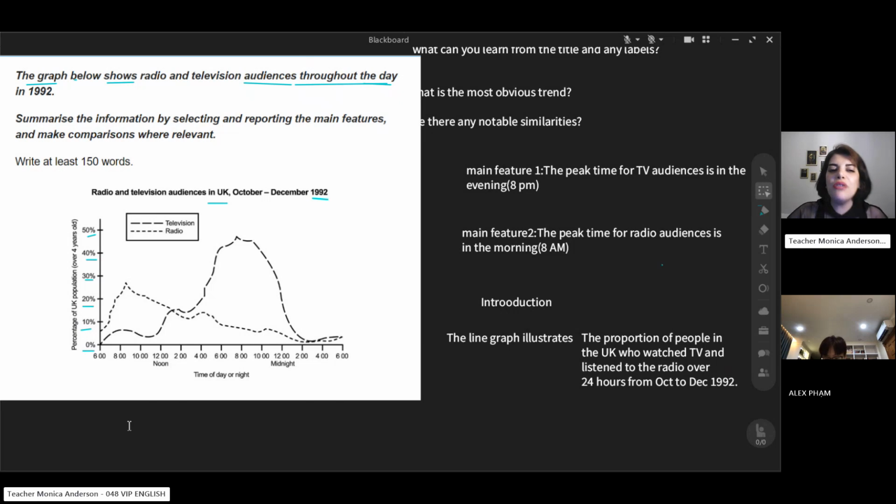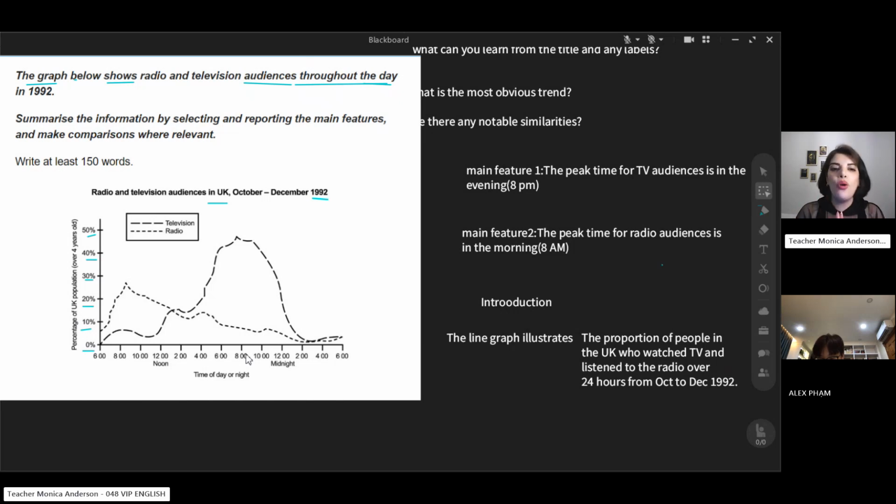But the most important part of your essay is the overview, that is really important. Do you remember that we discussed and wrote main features, peak time for TV audiences, peak time for radio audiences? Now I need them. In the introduction, I don't need my main features, but in my overview, I need them. The second paragraph is the overview.